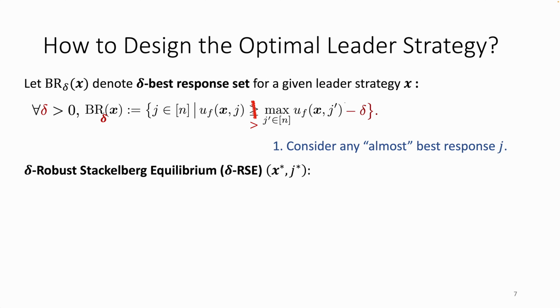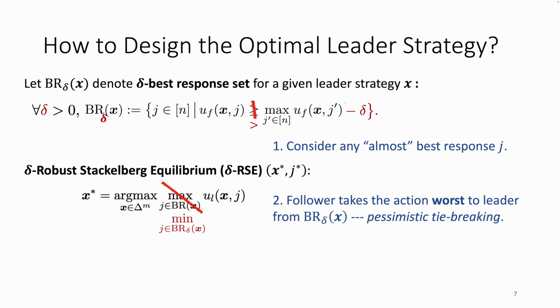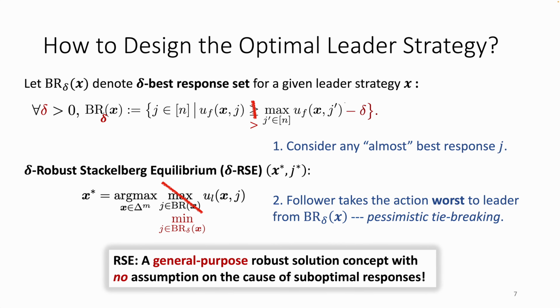And then we introduce the notion called delta robust Stackelberg equilibrium, which is to solve for the optimal leader strategy given that the follower is choosing the action that is the worst for the leader among his delta best responses, which is essentially the so-called pessimistic tie-breaking practice. So this RSE notion is a general purpose robust solution concept that makes no assumption on the cause of suboptimal responses.